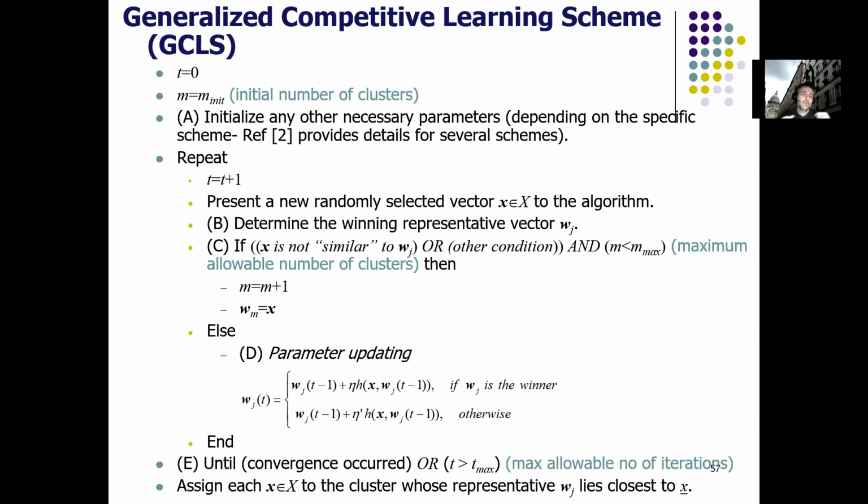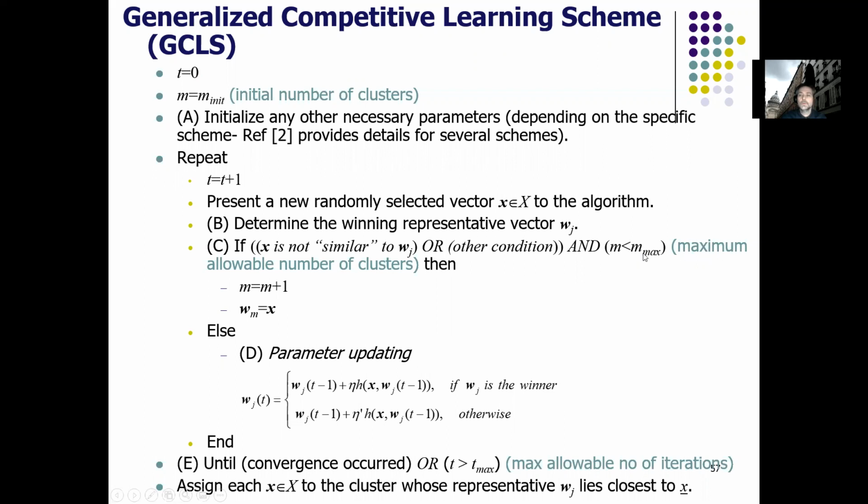But this scheme shows you the basic characteristics that all these training schemes have. So first, there is a kind of initialization. Then there is a stage where we need to define the winners. And there are different ways to do that, as I explained. And then we have to measure somehow similarity between inputs and weight vectors, or we use some other condition depending on how each algorithm operates.